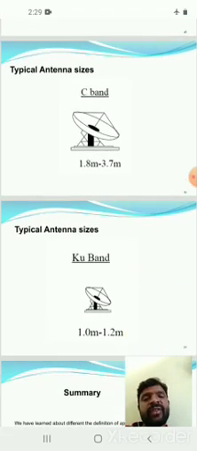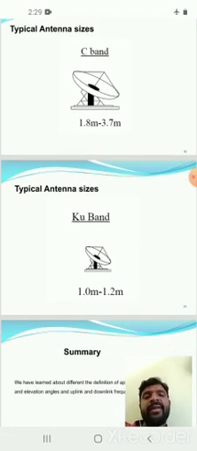Typical antennas for C band and Ku band. For C band we have 6 GHz uplink and 4 GHz downlink. The antenna used is a dish antenna or parabolic reflector antenna, with a diameter of 1.8 meters to 3.7 meters.